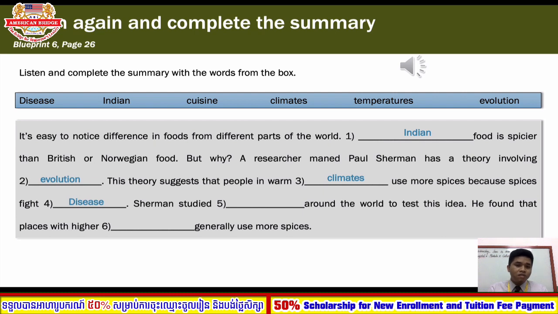Sherman studied cuisines around the world to test his idea. So idea has the same meaning as theory. He found that places with higher temperatures generally use more spices.